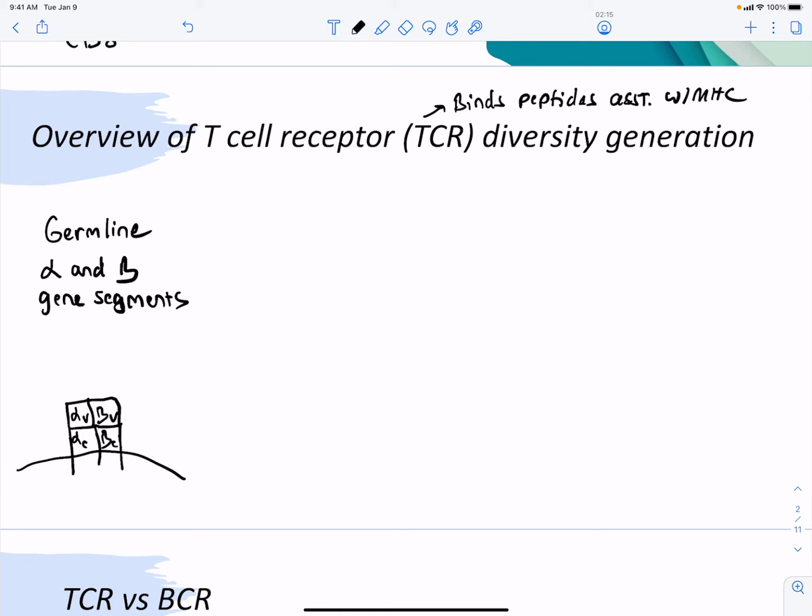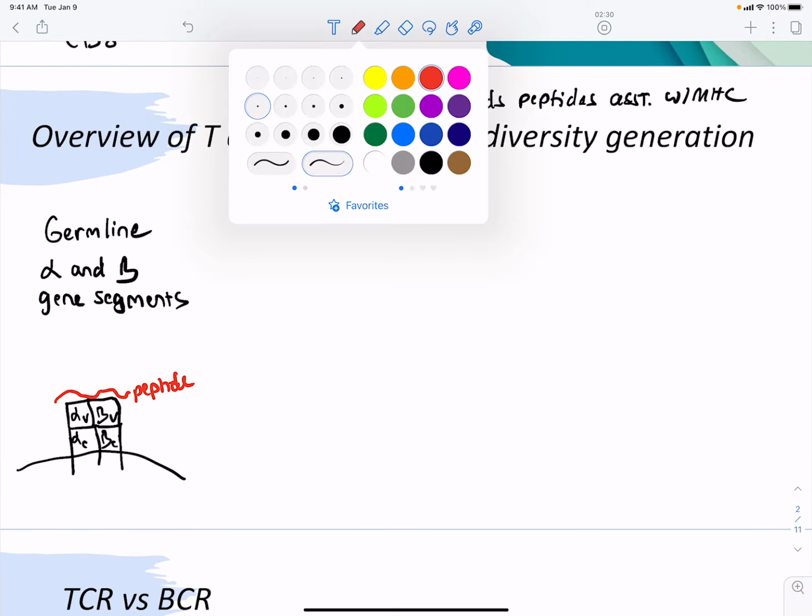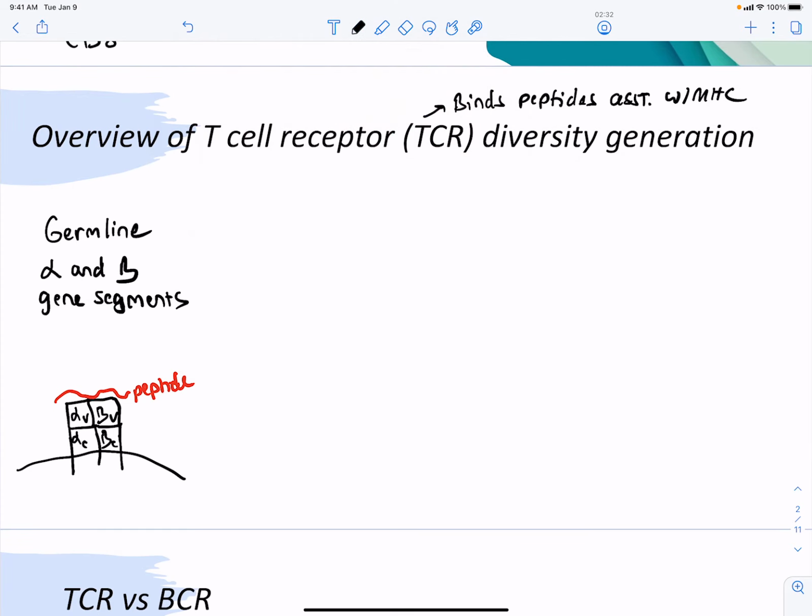So your alpha and beta gene segments are going to form the variable region that will ultimately bind to a peptide. So here's our peptide. And it's that variable region that is going to hold the diversity, whereas the constant regions, of course, are going to be constant from T cell receptor to T cell receptor.